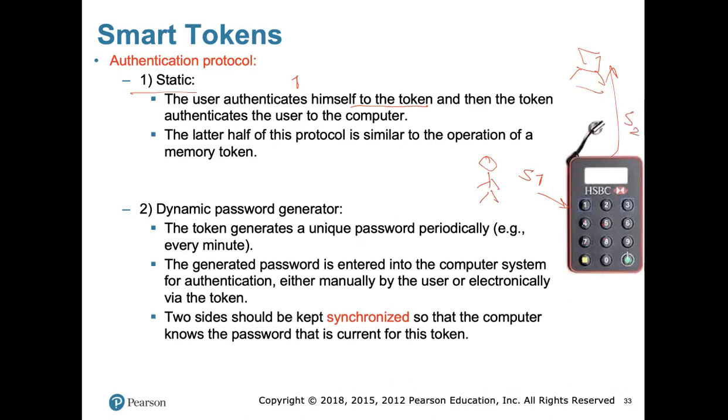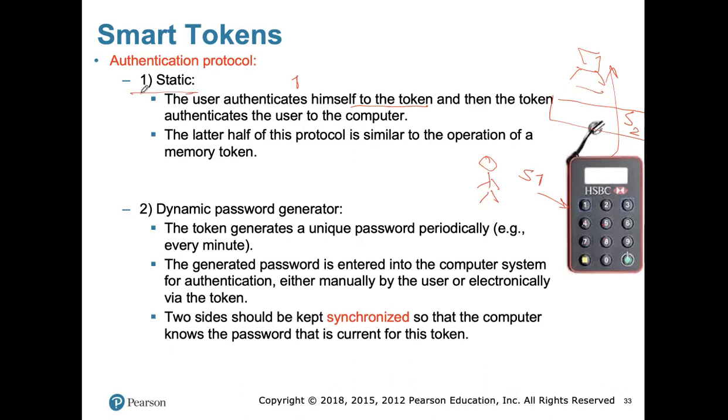Step two can be done similar to, for example, passive tokens. So there might be some code on the device, like a hard-coded password, like whatever you have in, for example, RFID, but that code is not going to be transferred unless the user authenticates himself, unless the user enters the password.